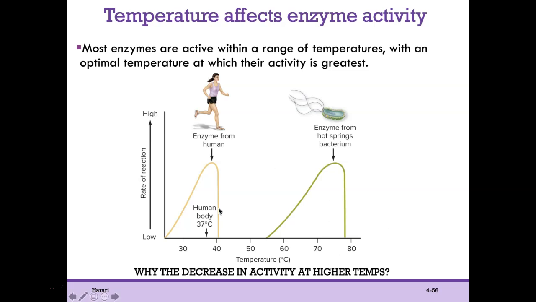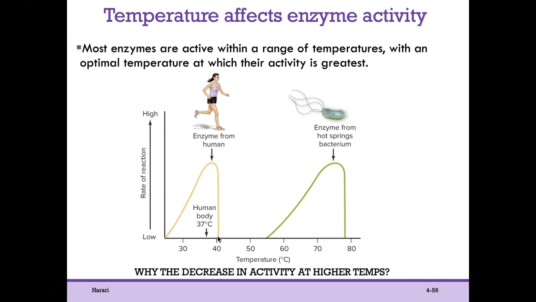So what explains this very sudden decrease in activity at these higher temperatures? Why does it just plummet? That's because of denaturing, right? At a certain temperature, the amino acids can no longer form bonds with one another properly to maintain their structure. So if you break all these hydrogen bonds at high heat, you can't have a protein structure.